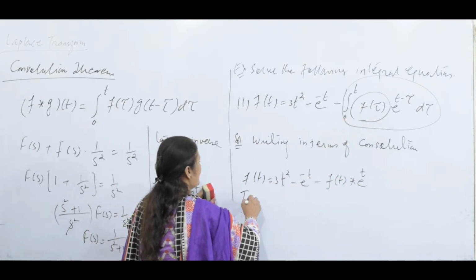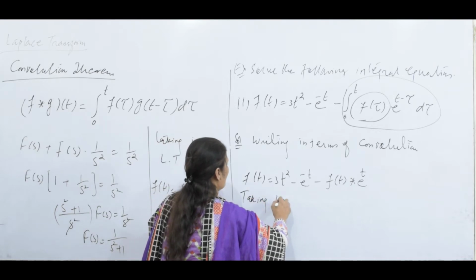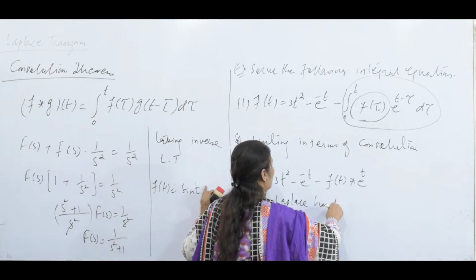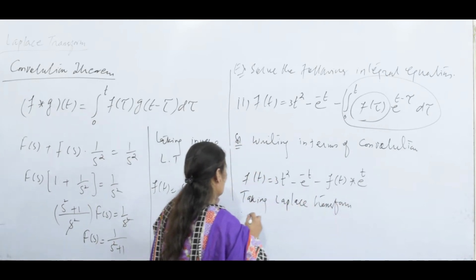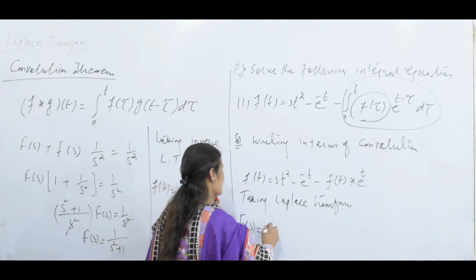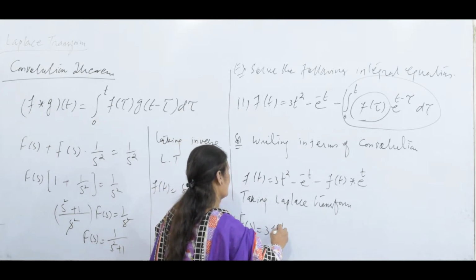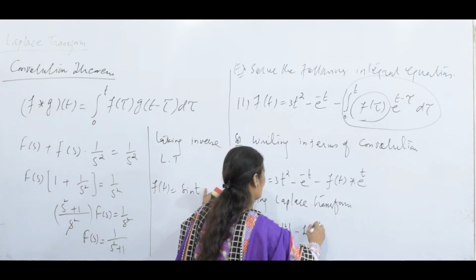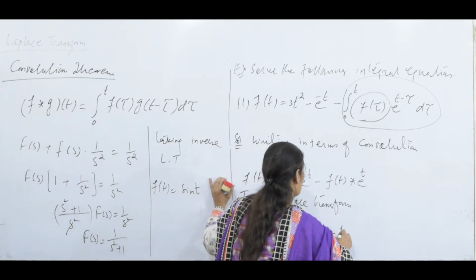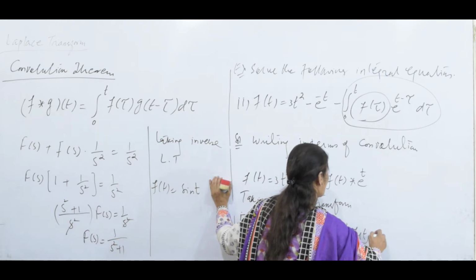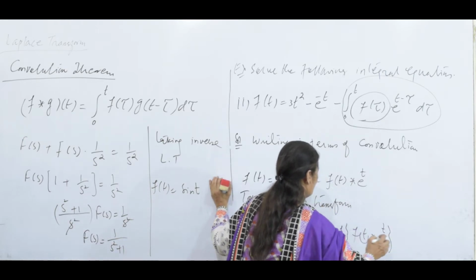Now taking the Laplace transform. F(s) is equal to 3 times the Laplace transform of t squared, minus the Laplace transform of t, minus the Laplace transform of the convolution.